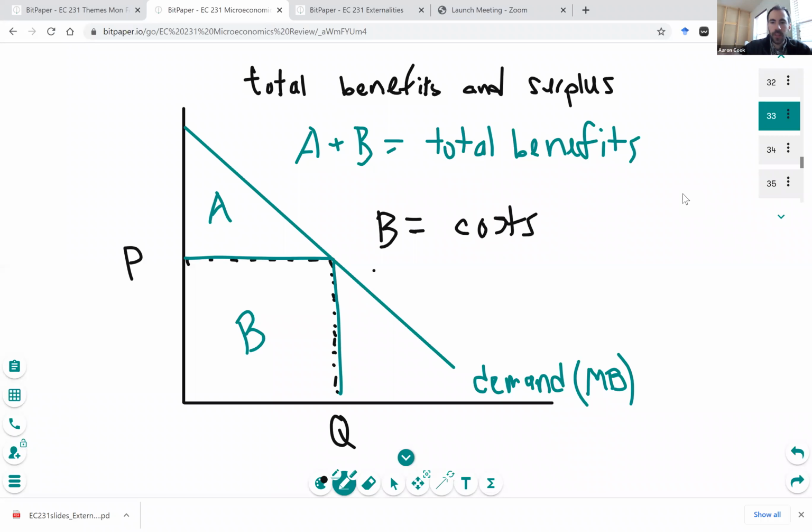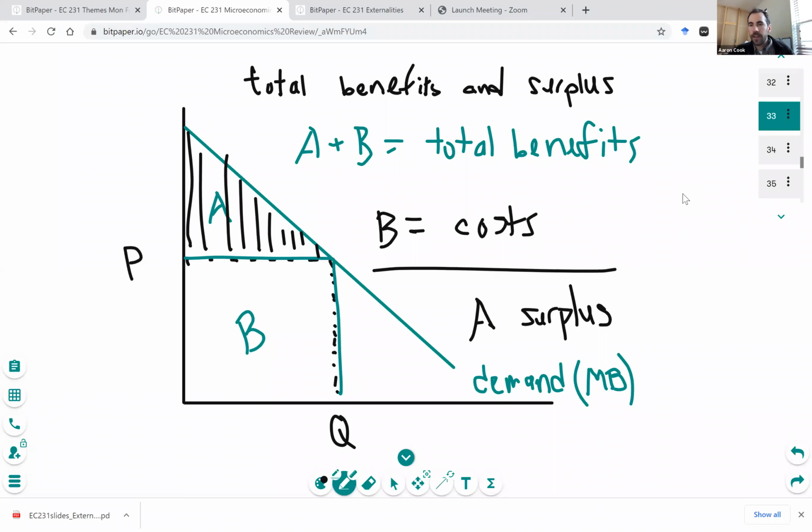And so if we take the total benefits minus the costs, we get area A, which is what's left over after you subtract off the costs from the total benefits. So area A, in this case, is the surplus that consumers get by being able to consume quantity Q and pay price P. That's the surplus. That's consumer surplus.